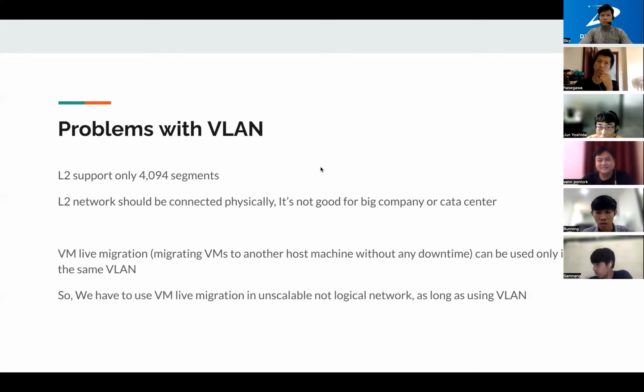Yeah, I see. VLAN layer 2 is like that. It broadcasts, it learns every MAC address of the port of the VLAN, and it's stored in a MAC address table.